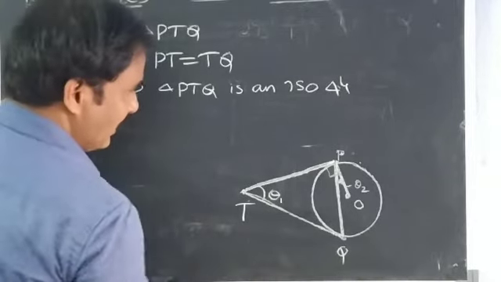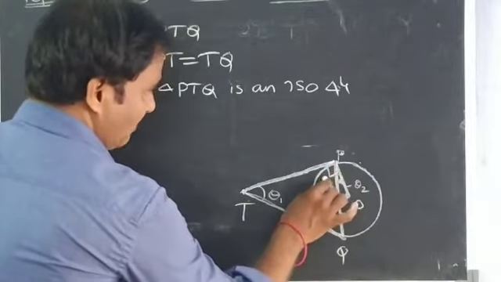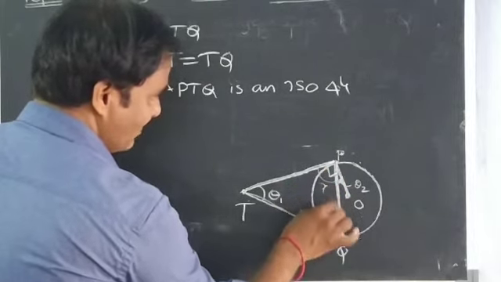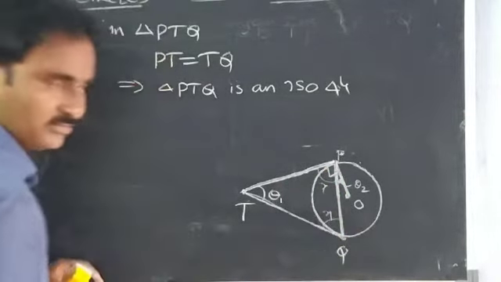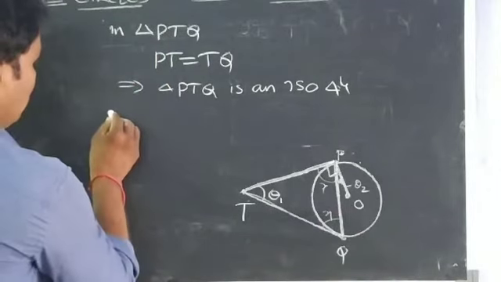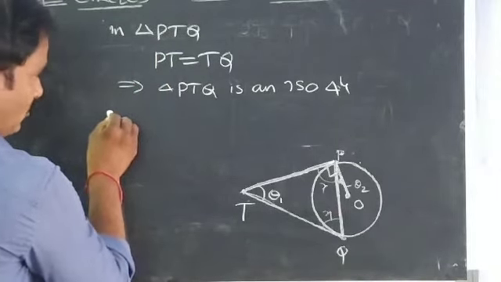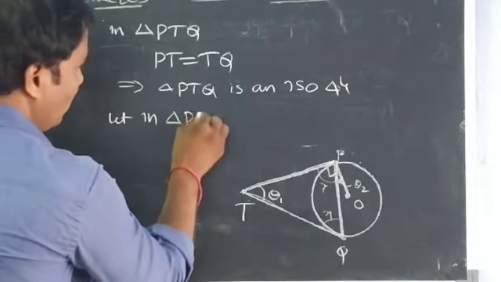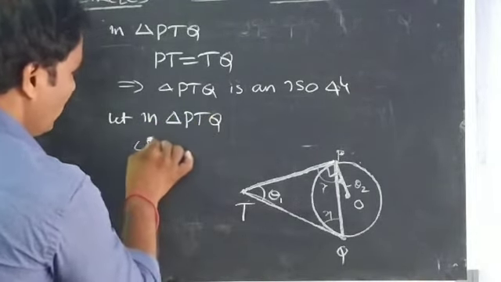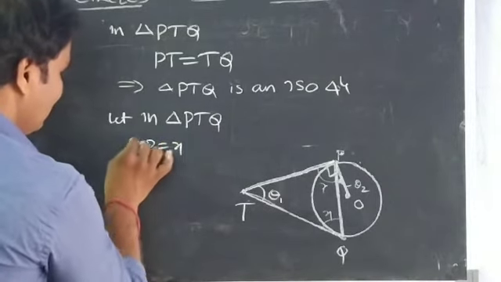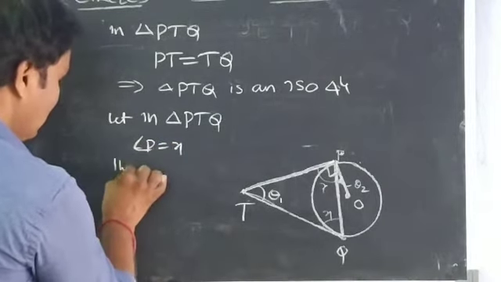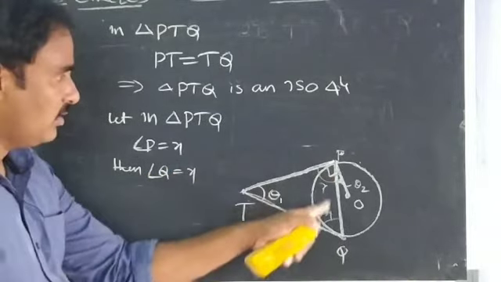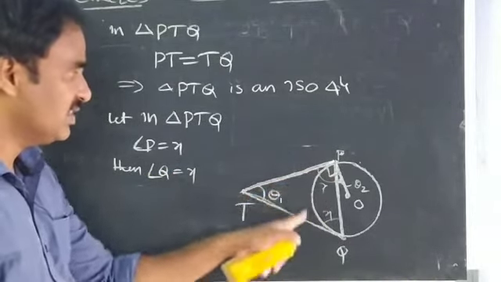Suppose I take this angle as x, then this angle will also be x. In triangle PTQ, angle P equal to x, then angle Q is also x. Why? Because it is an isosceles triangle, so the base angles are equal.